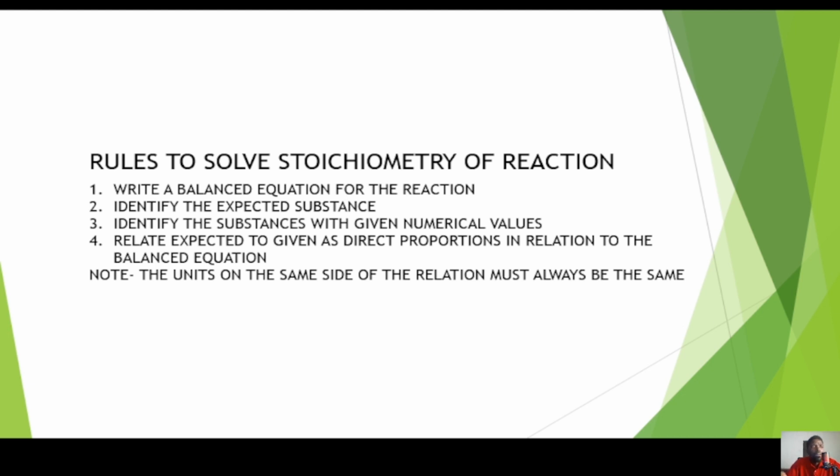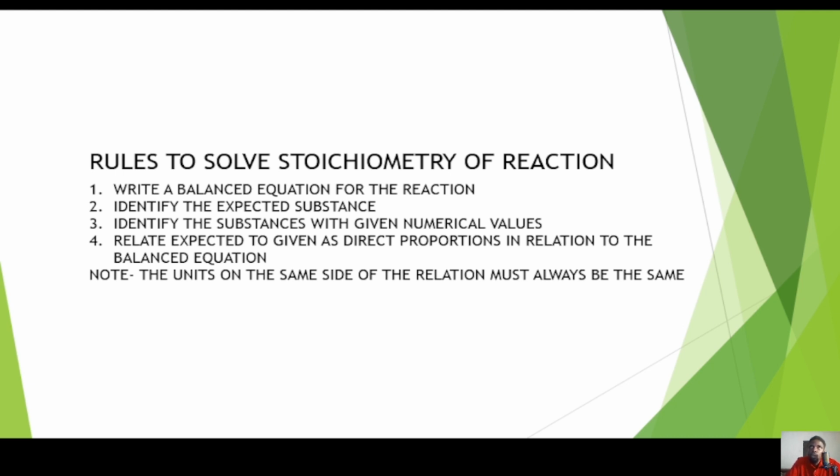Then number 4, relate the expected to given as direct proportions in relation to the balanced equation, which is quite simple to understand. So just consider what happens in the balanced equation and then relate it to what the question says, and boom, your answer comes out. Now, for you to be able to understand this perfectly, the units on the same side of the relation must always be the same thing.